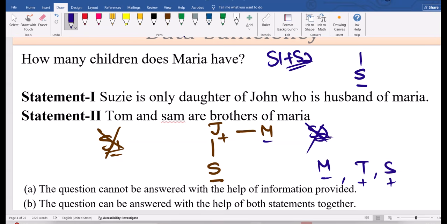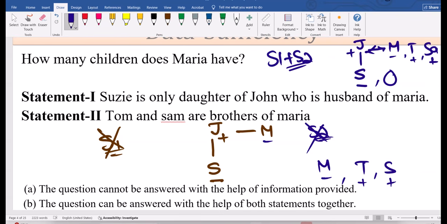Susie is the only daughter of John. John is the husband of Maria. Maria has two brothers, Tom and Sam. But regarding sons, we don't have information. How many children Maria has, we cannot decide. There may still be some chances that Susie has some brothers.